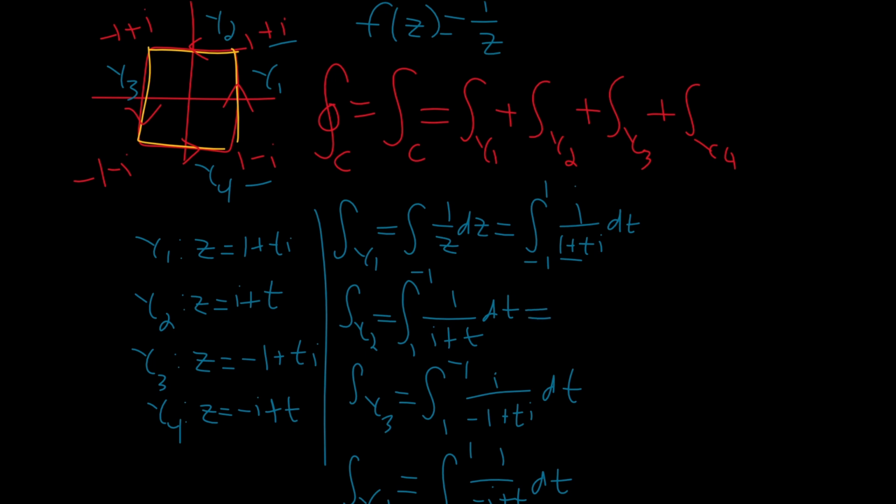To do that for this one, I'm going to multiply the top and bottom by i. So we're going to have i over negative 1 plus it, but then I'm going to also switch the bounds, so the negative I'm just going to apply to the bottom, so we actually have 1 minus ti right here, dt.